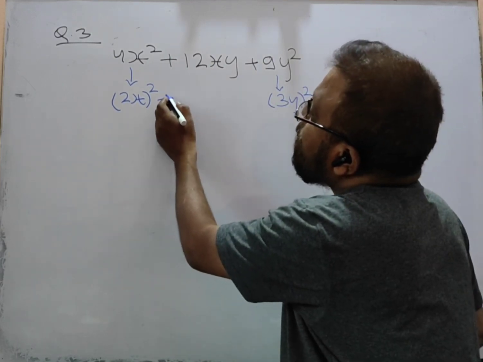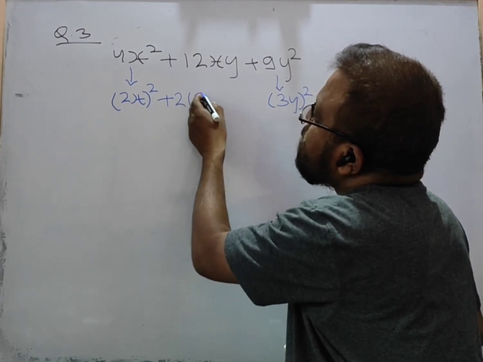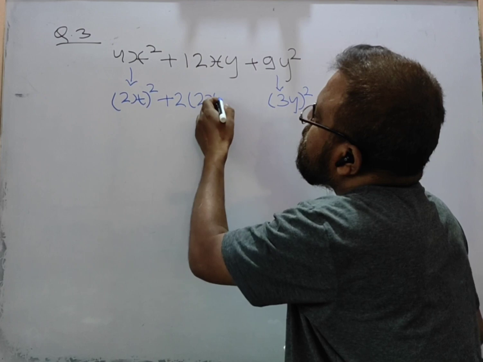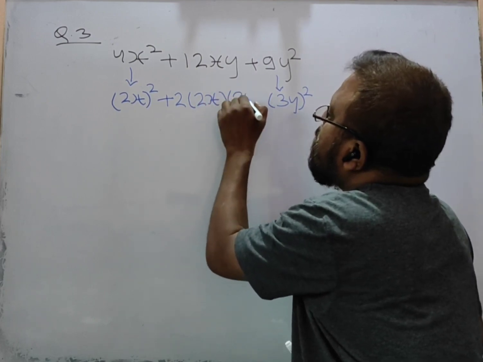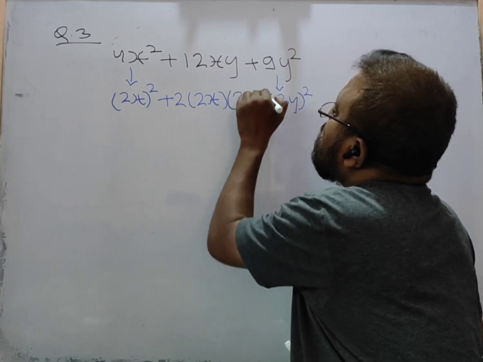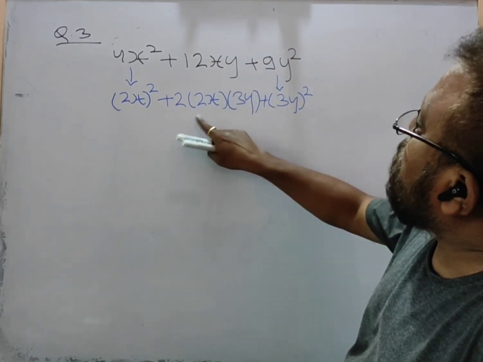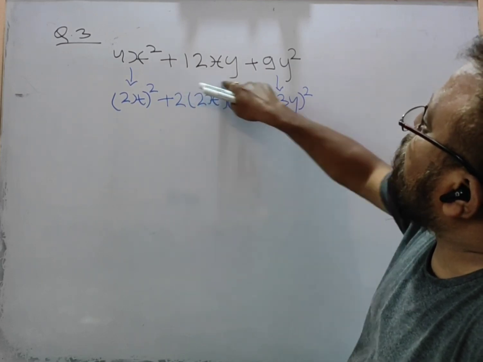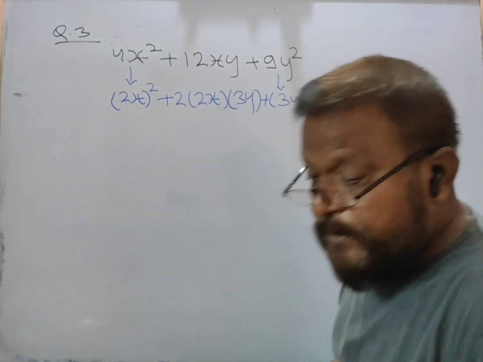Now we have 2 into 2x into 3y, right? 2 times 2 is 4, 4 times 3 is 12. So we get 12xy.